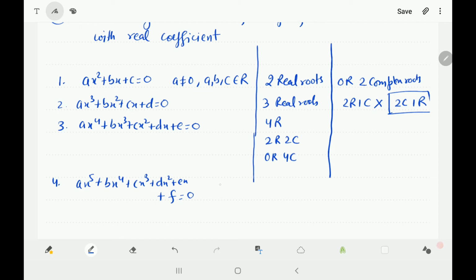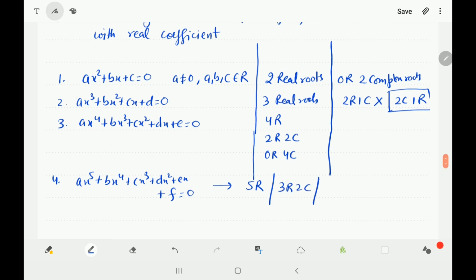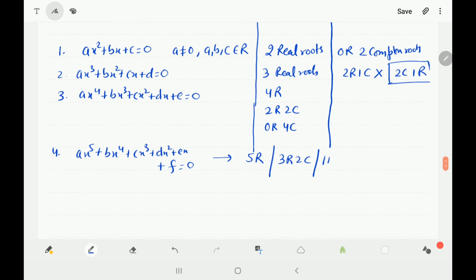I am discussing only real coefficients. So we can have 5 real, and next, we can have 3 real and 2 complex, because complex roots exist in conjugate pairs, or we can have 1 real and 4 complex. These are the 3 possibilities for a degree 5 equation.